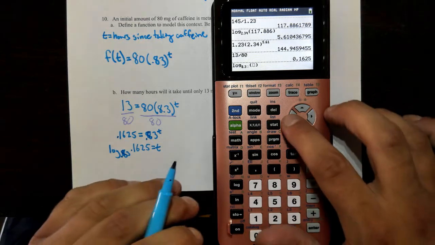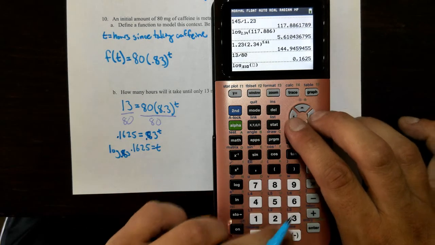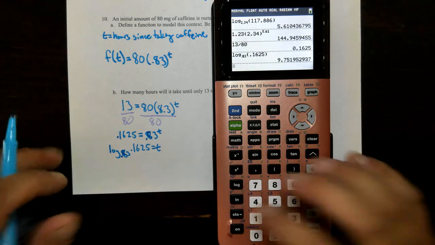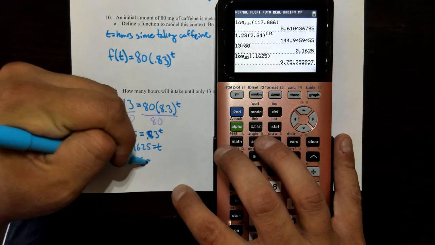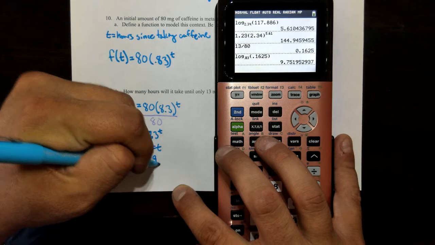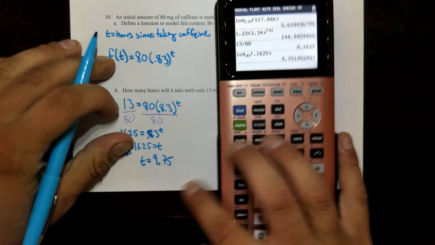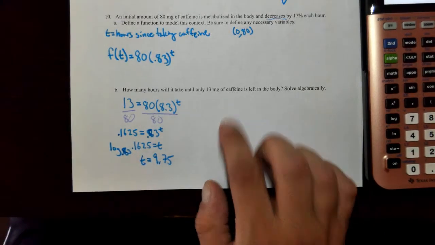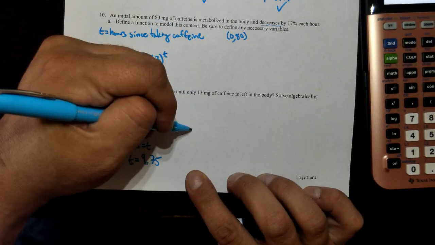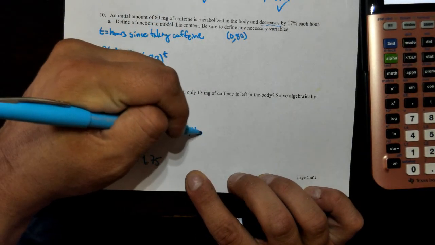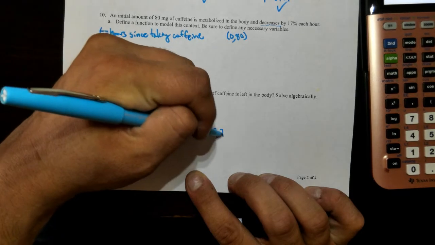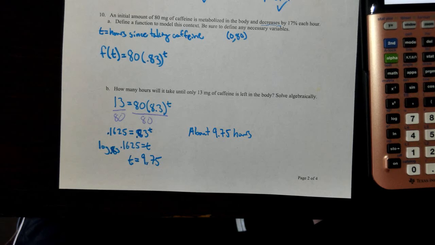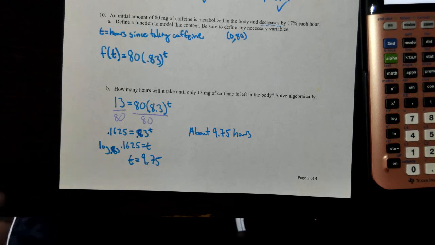There we go. And t is going to be 9.75. So how many hours until only 13 milligrams of caffeine is left in the body? About 9.75 hours. Awesome. So let's move on to the next page now.